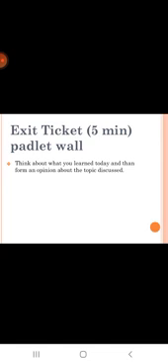This is an exit ticket for today's lesson: think about what you learned today and then discuss an opinion about the topic discussed. Simply, you need to write in your comment box what you learned today.